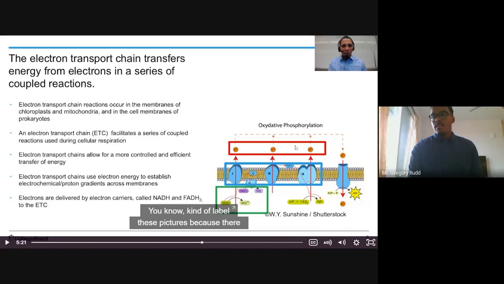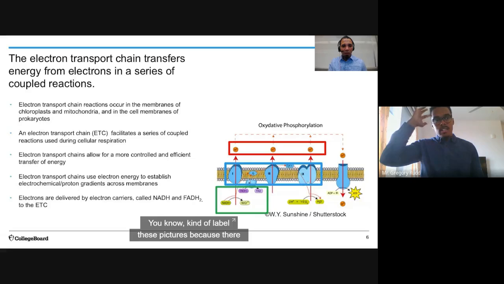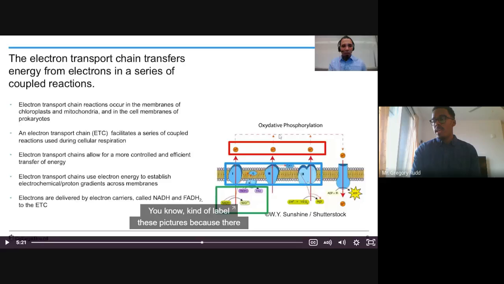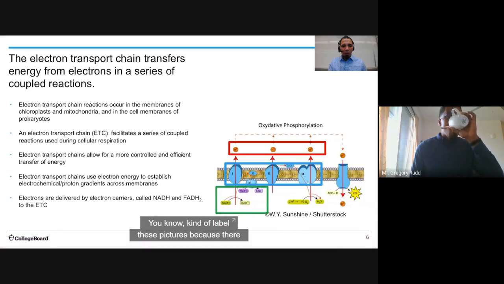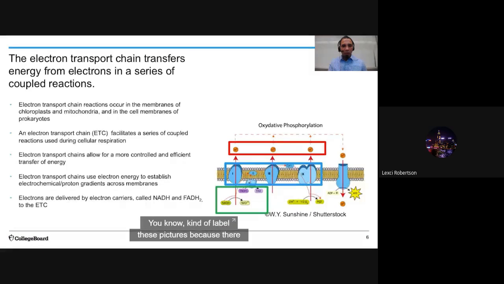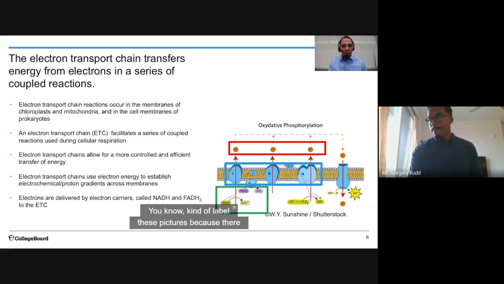So what's going to happen when we end up with a whole lot of hydrogen on this side of the membrane? It's going to move to the other side, yeah.